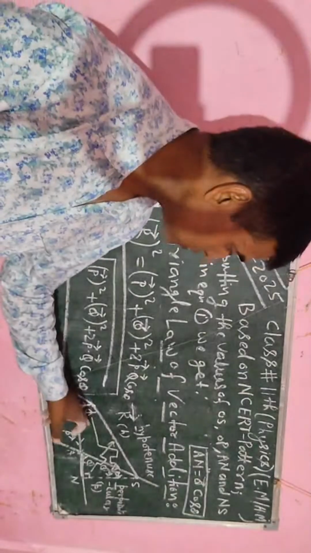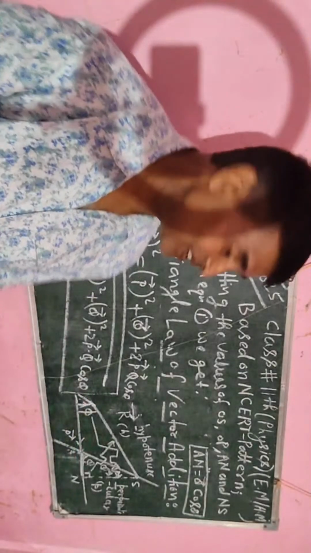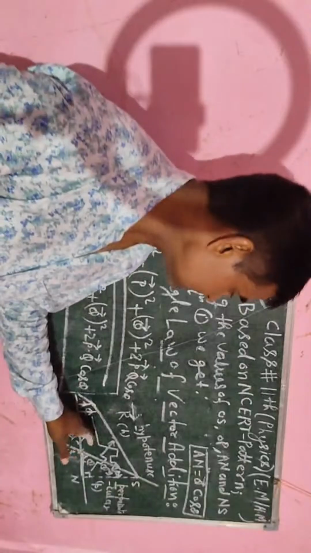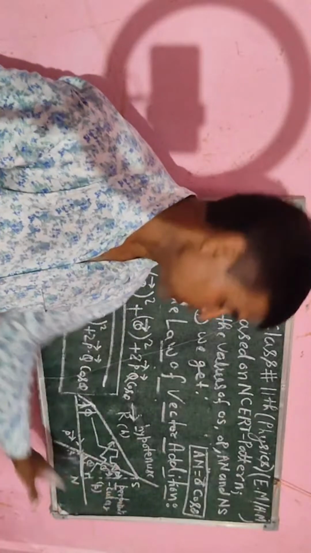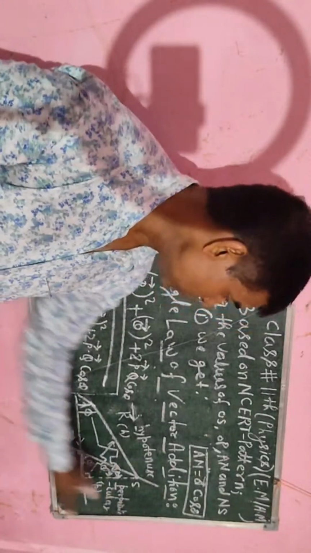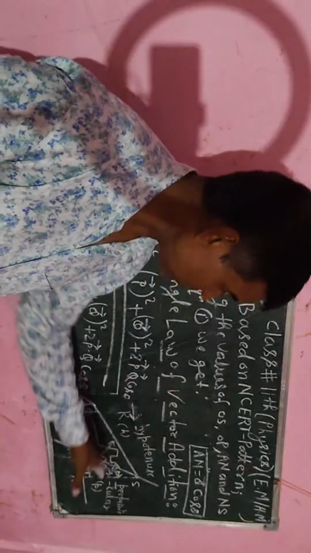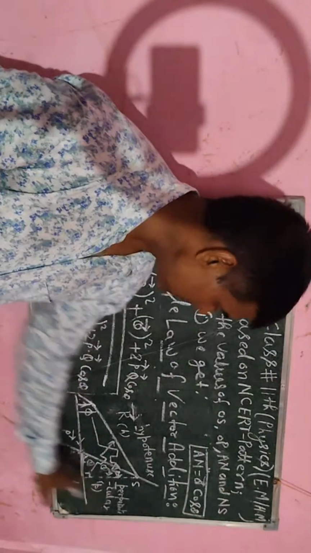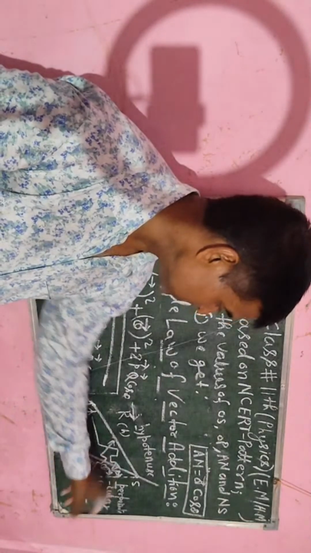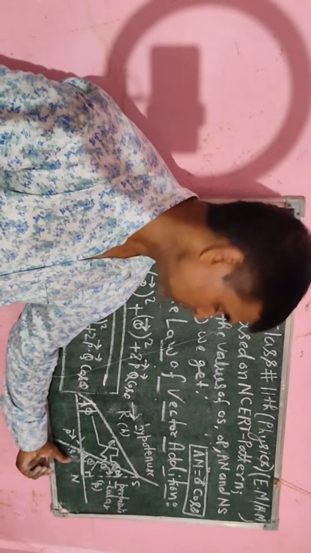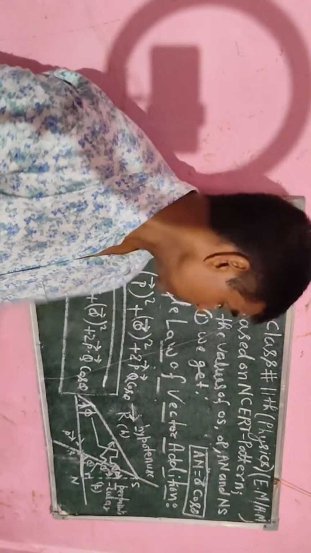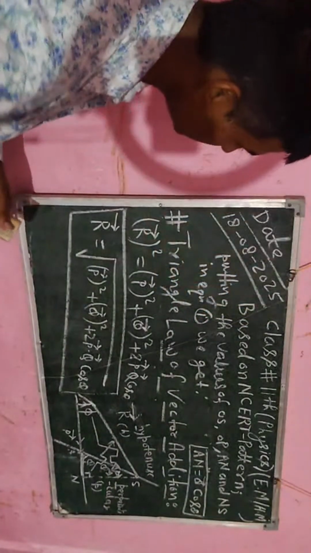So tan theta is applied in the right angle triangle, and in the right angle triangle tan theta is equal to perpendicular divided by base. So the value of perpendicular I have already written here. Before, I have written there vector q sin theta, and this will be vector q cos theta. So I can also write that information.